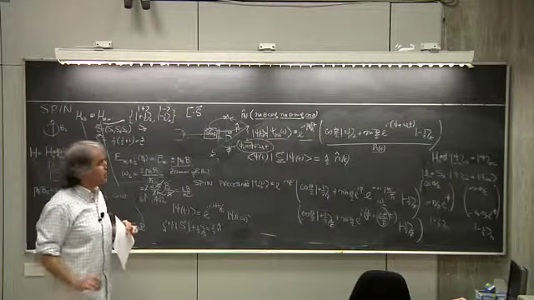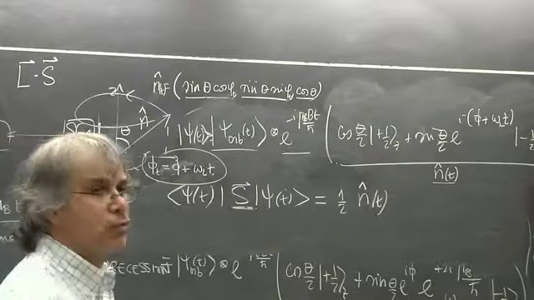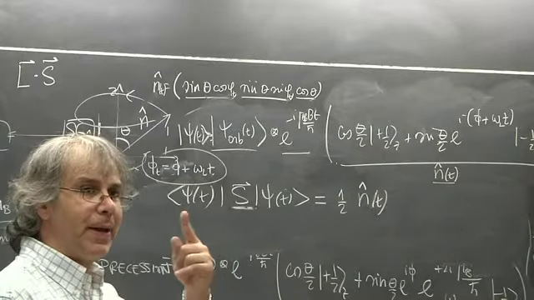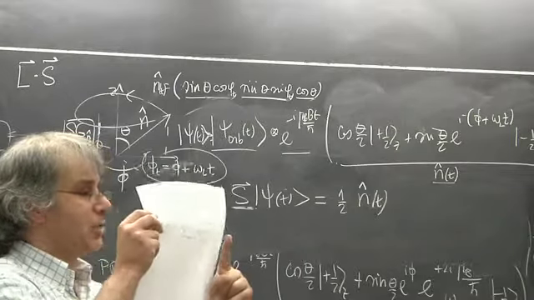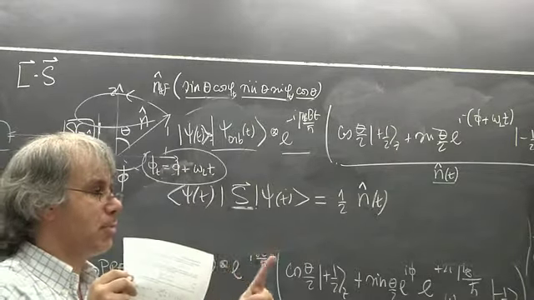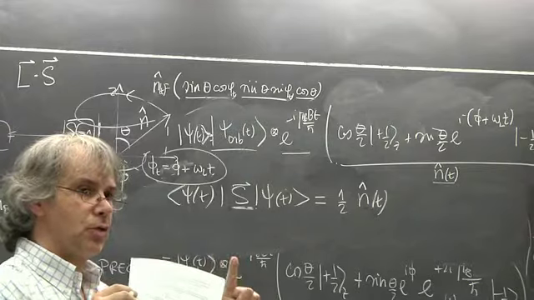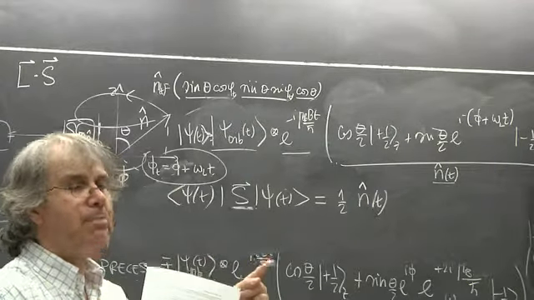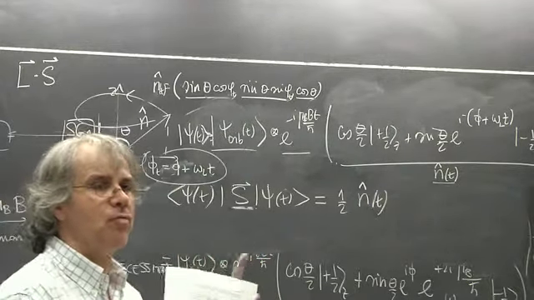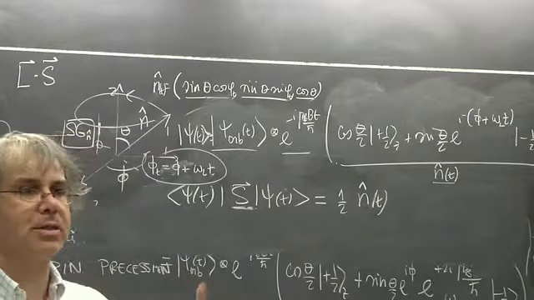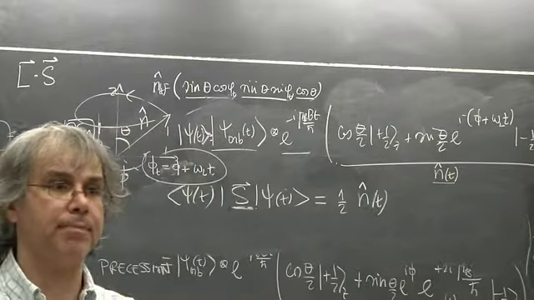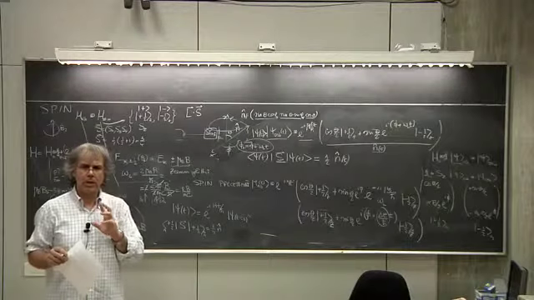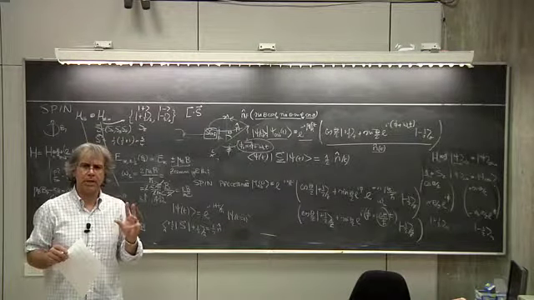So this is telling you that the average value of the spin, which you prepared in a certain direction at time t equals 0, changes due to the presence of the field in the z direction. If you make measurements at a later time, you will find probability values that sum up in the end to averages that are changing in time. Is this clear enough?